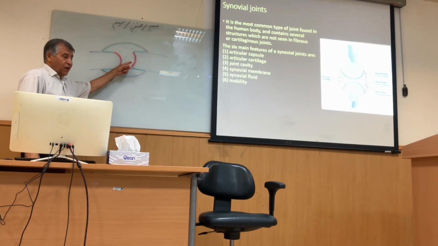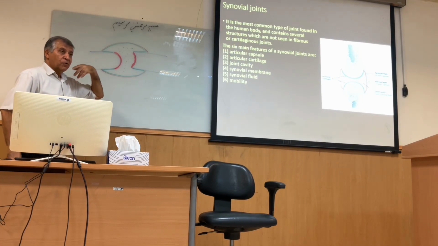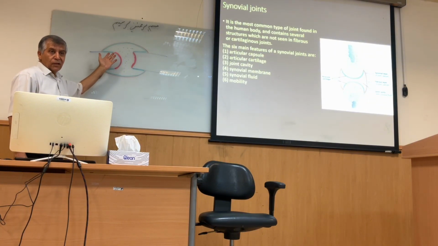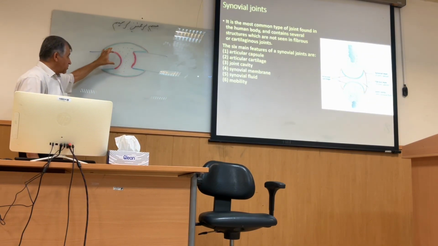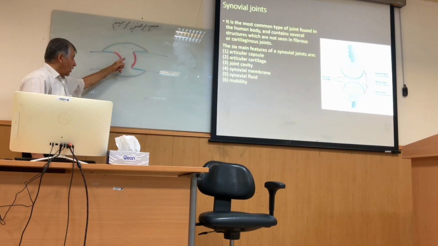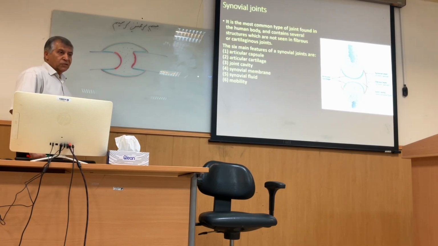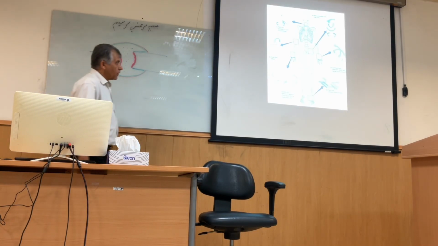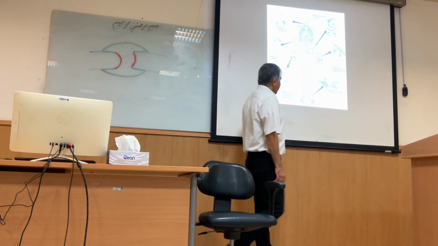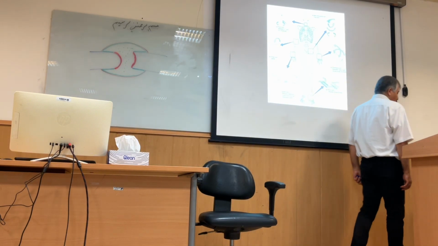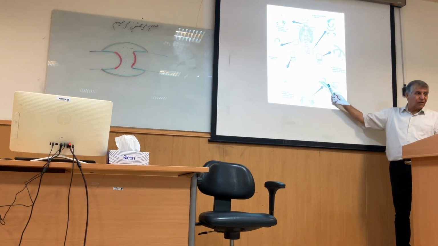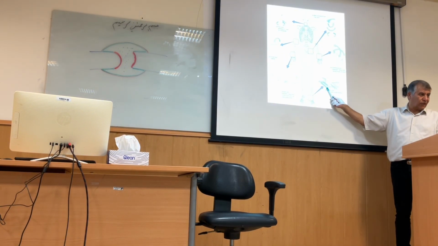The shape of the articular surface produces subdivision of the synovial joint. For example, when two surfaces are plane, okay?